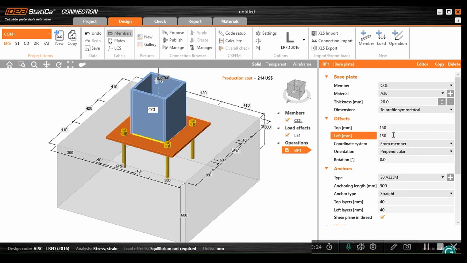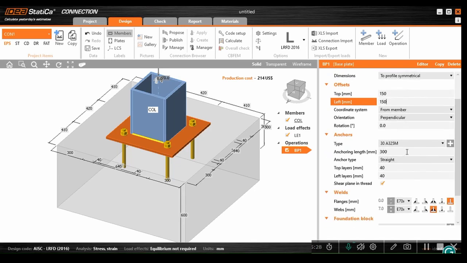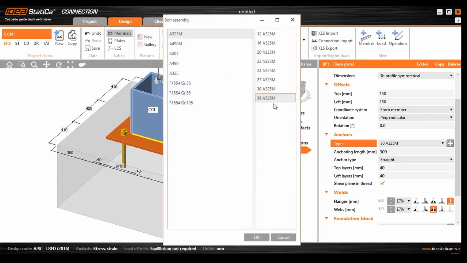So in the next part, we go to the anchors. You can click on add new here in front of type, then choose 36 A325M.